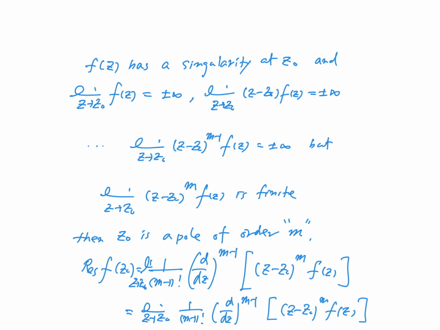For example, let's consider this f(z) equals 1 over z squared times (z plus 2). So how many singularities do we have in this case? Singularities at z equal to minus 2 and z equal to 0.